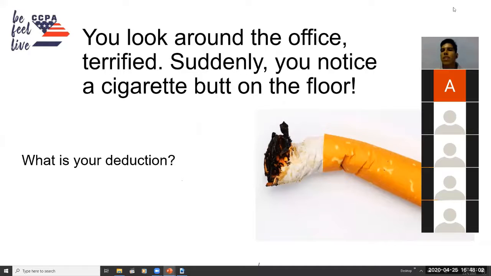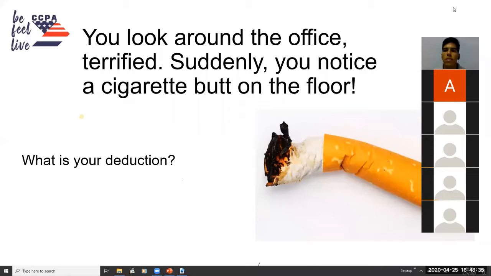What's your deduction here? What might have happened? Let's see. That she was smoking, or the murderer must have been smoking while they were dealing close to the victim or something. Okay. Any other point of view? You can also write. If you don't want to talk, you can also write. I'm gonna be reading your answers.